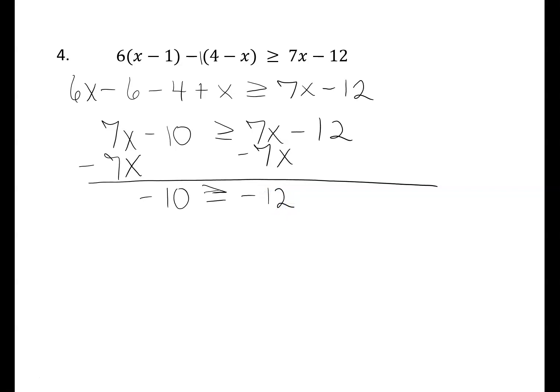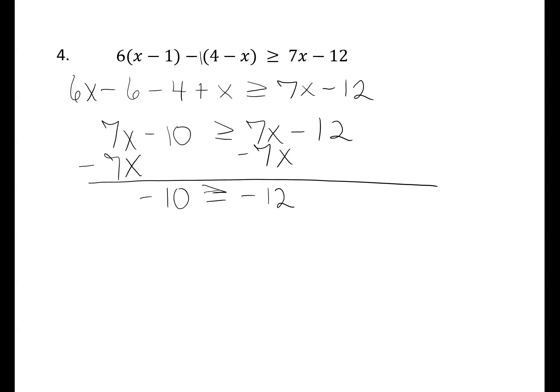So I have a statement now with only numbers in it, no variables. We can decide if that statement is true or false at this point. Or maybe you prefer to go ahead and move the constant so that you have 0 on one side. You can certainly do that as well. I'll show it both ways.